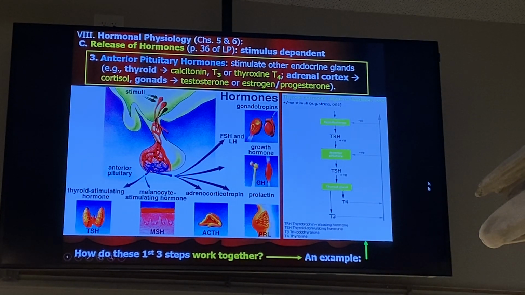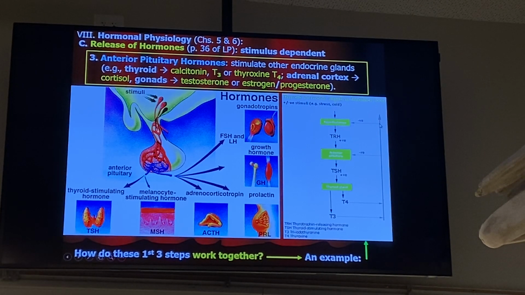She's going counterclockwise. If you have too low levels of thyroid hormone, the hypothalamus is going to send out this releasing factor, thyroid releasing factor. It's going to trigger the anterior pituitary to release thyroid stimulating hormone. It's going to go to the thyroid gland. You're going to get more T3, T4. T4 is the type that is circulating.